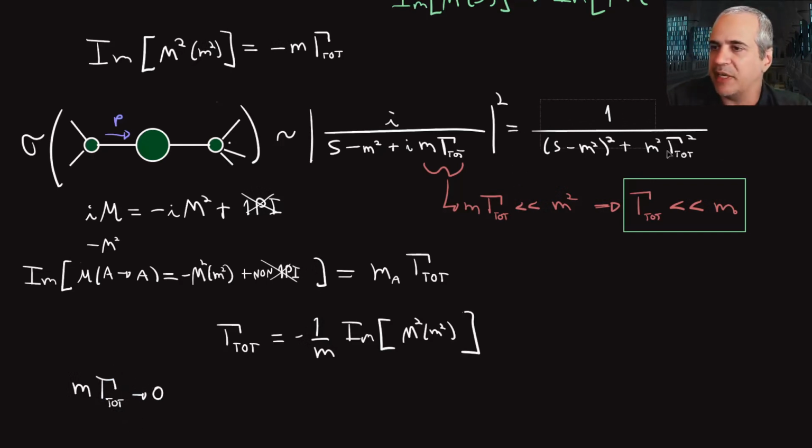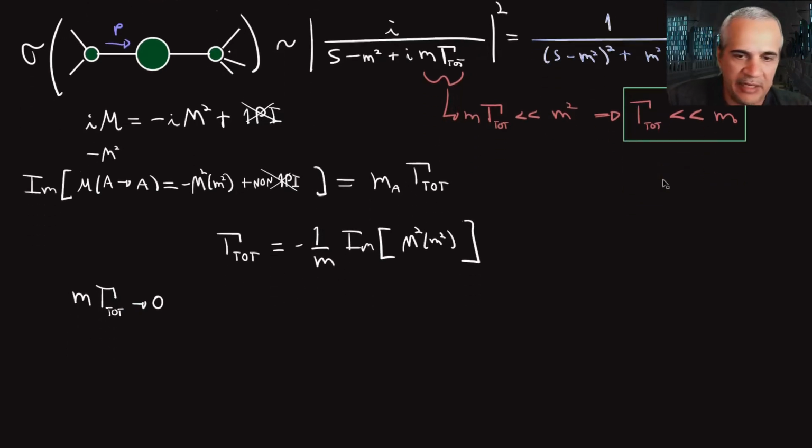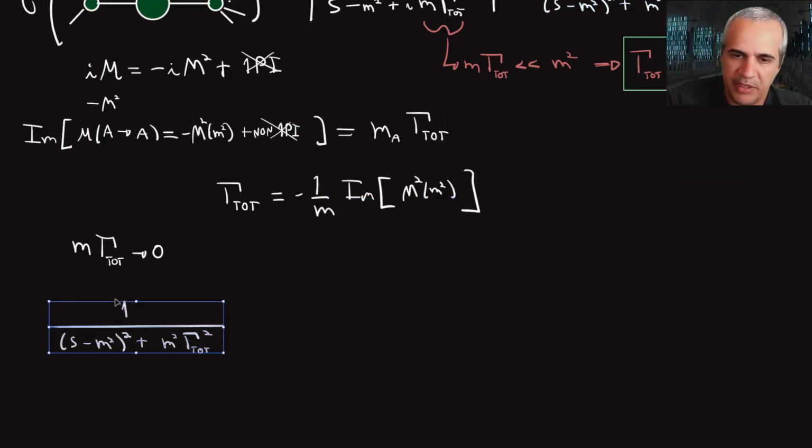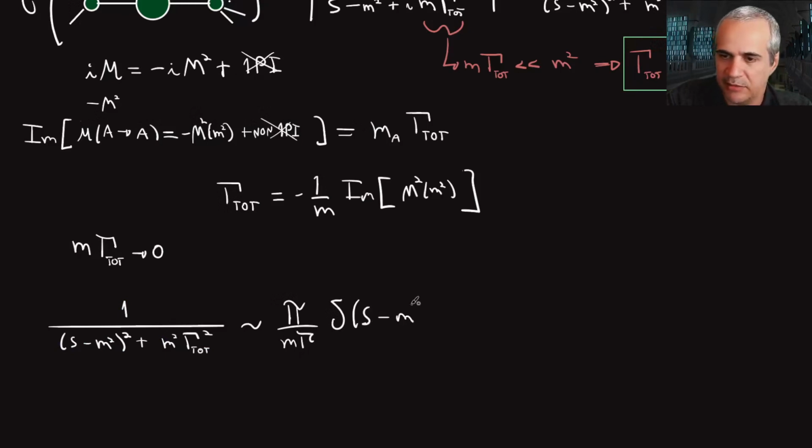In that case, we can exchange this distribution by the Dirac delta, with some normalization. You just have to integrate these and get the normalization, but you will find out that this is it, times the Dirac delta of S minus m squared.